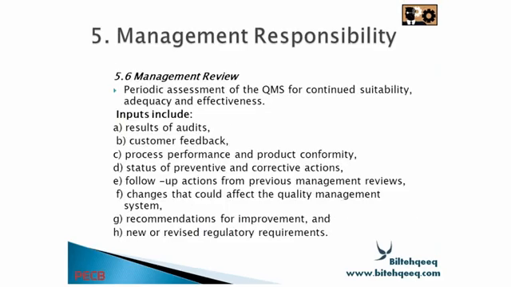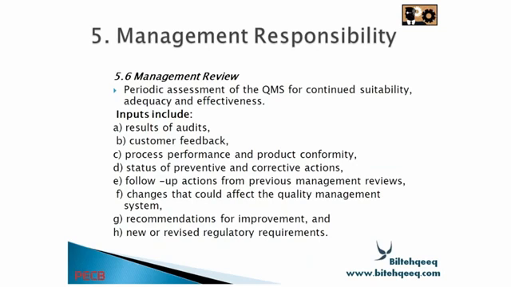5.6 is related to the management review. Periodic assessment of the performance of the system for continued suitability, adequacy and effectiveness. And the inputs for the management review include results of the audits, customer feedback, process performance and product conformity, status of the preventive and corrective action, follow-up action from previous management review, changes that could affect the quality management system, recommendation for improvement, and new or revised regulatory requirements.